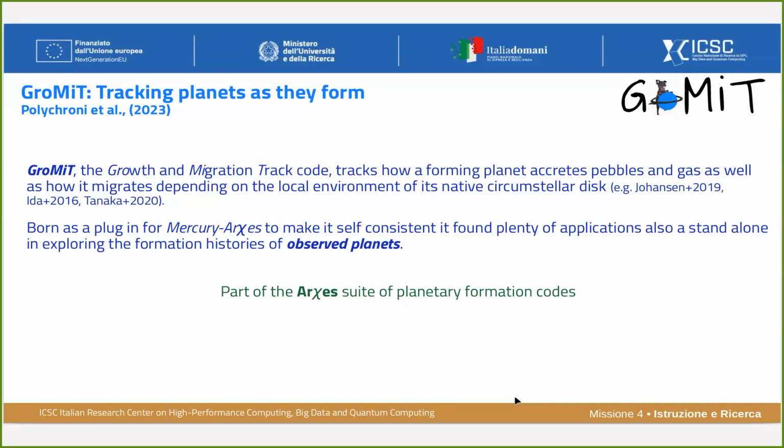I don't know if you know GAPS. It's a collaboration that uses observations. Basically, they do high resolution spectroscopy around stars and characterize exoplanets.